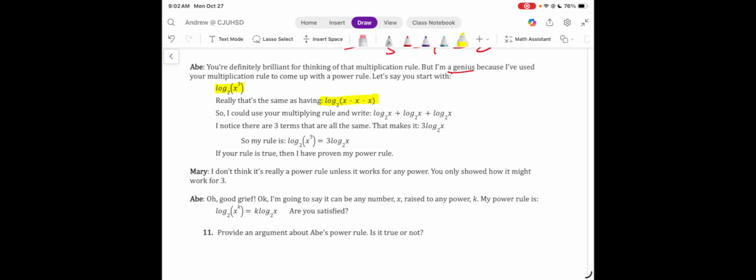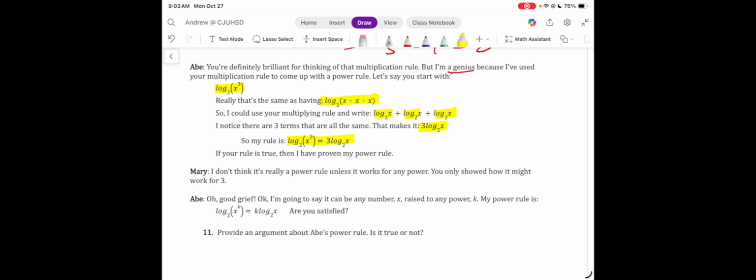So I could use your multiplication rule and write it as 1, 2, 3 logs, and that's 3 terms that are all the same, and that makes it 3 log base 2 of x. So my rule is the log base 2 of x to the third is 3 times the log base 2 of x. If your rule is true, then I have proven my power rule.